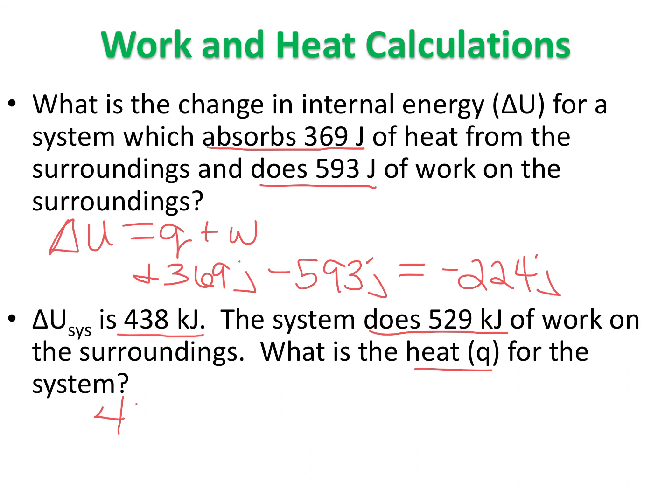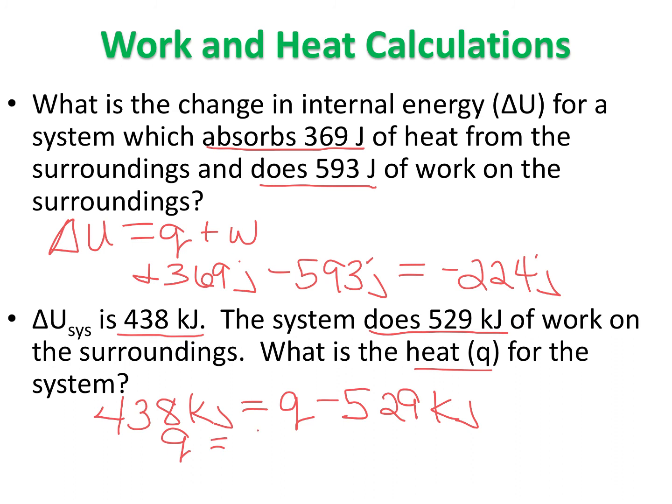Thus we have 438 kilojoules equals Q minus 529 kilojoules. Solving for heat, we get Q equals 438 plus 529, which equals 967 kilojoules.